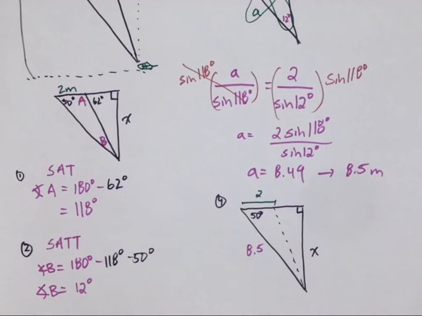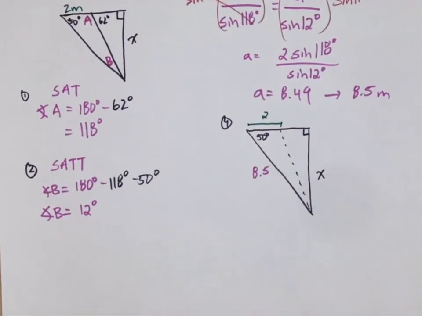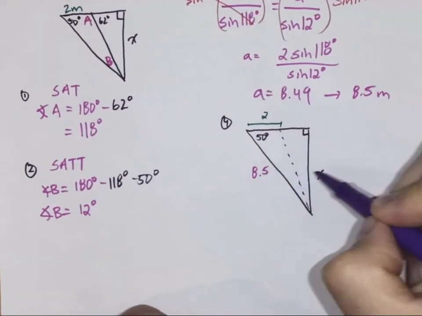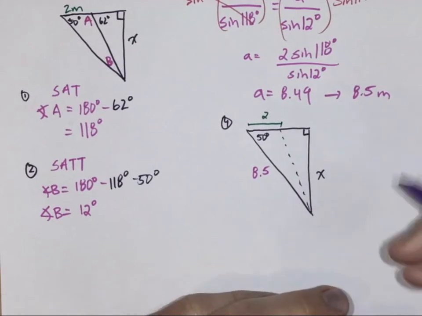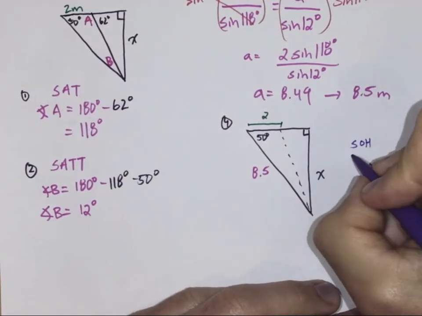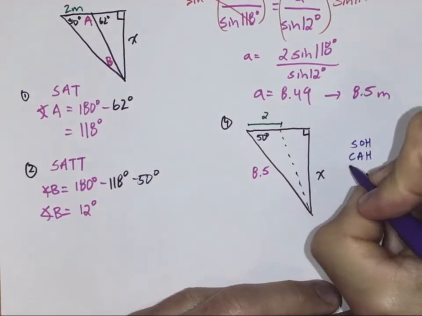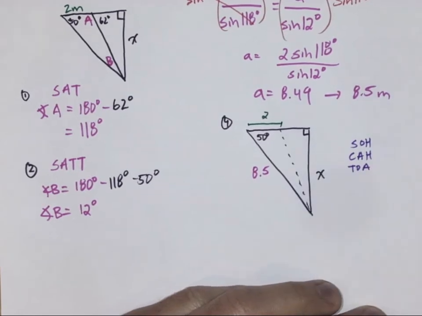Now when we look at this right angle triangle, we have an angle, we have a side, we need to find another side. We'll go back to our toolbox, right angle triangles, Pythagorean theorem, or SOHCAHTOA.